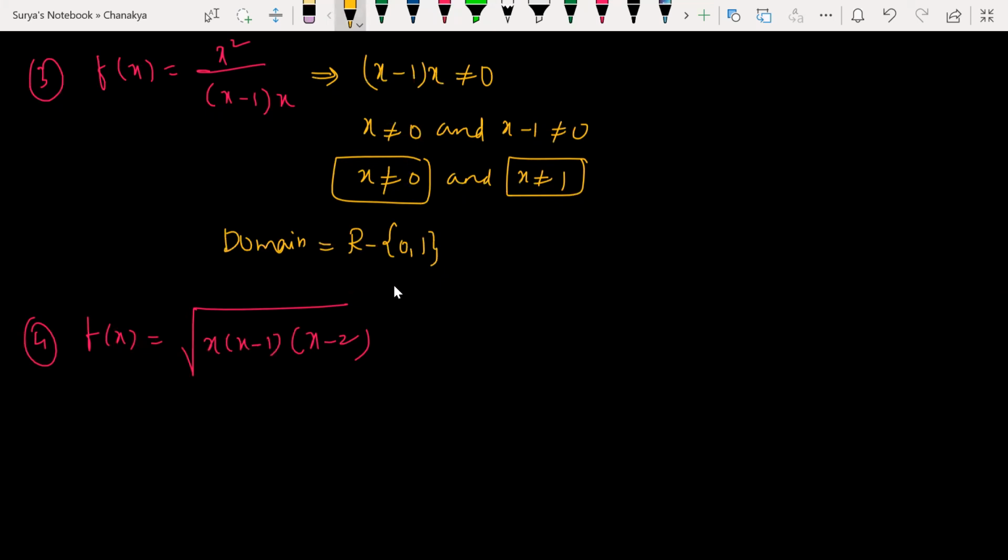So whatever is inside the square root should be greater than or equal to 0. So which means x into x minus 1 into x minus 2 should be greater than or equal to 0. This is the condition. Yes or no? Yes, sir. Now tell me, what is the answer?